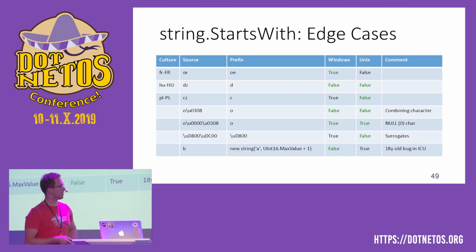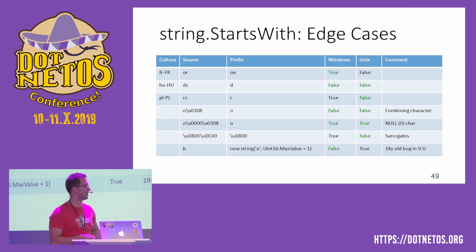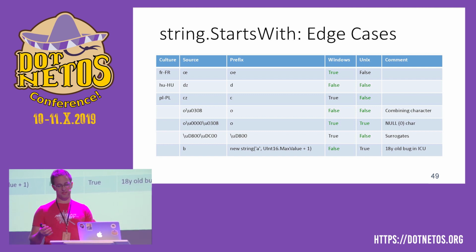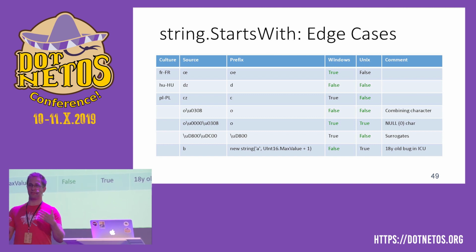It turned out that there was an 18-year-old bug in ICU, which is a native library used by Chromium and other big projects, where we had an unsigned integer 16 overflow. And if you called B.StartsWith(new string A repeated this many times), the answer would be true, because of the unsigned integer overflow.